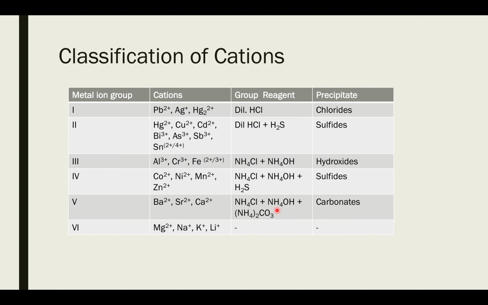So in this particular topic, what we are going to learn is what is the basis on which we are classifying these metal ions into various groups. Why, when you add certain reagents, only a certain type of metal ions get precipitated but not the others?